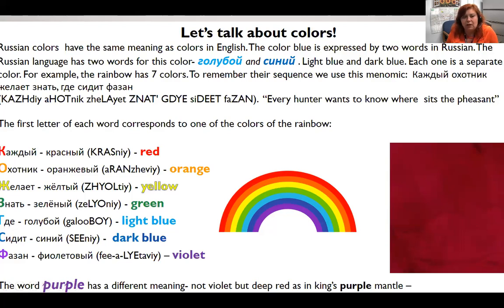So in Russian: красный, оранжевый, желтый, зеленый, голубой, синий, фиолетовый. Here's the spelling: фиолетовый.